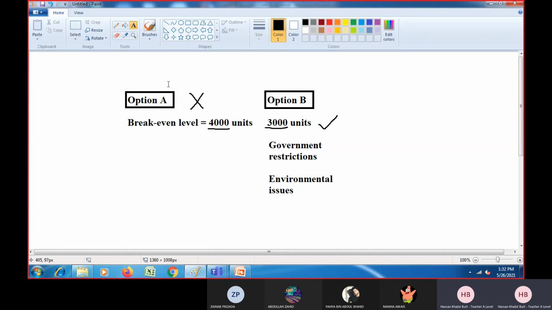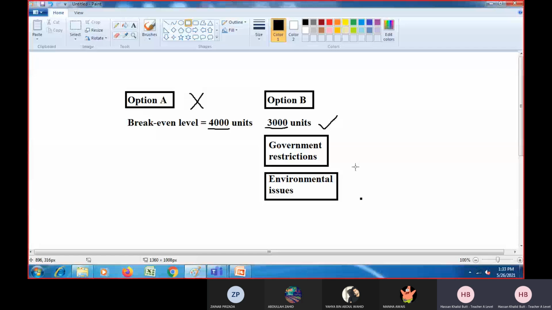Or there are environmental issues. The area is very crowded, and maybe nearby there is a residential area, and people's health is being affected by the amount of pollution the business is making, right?